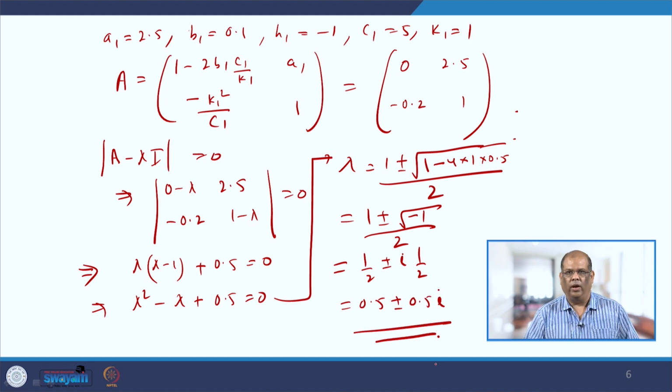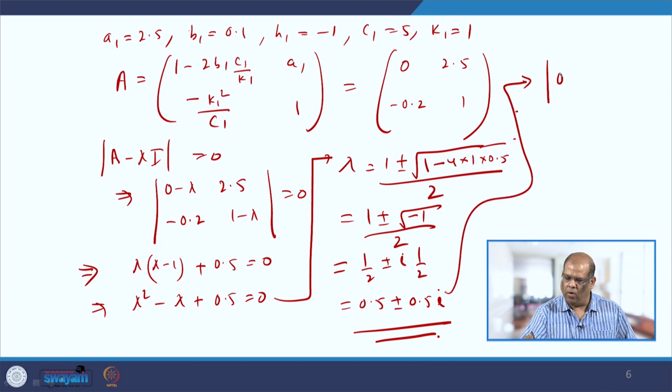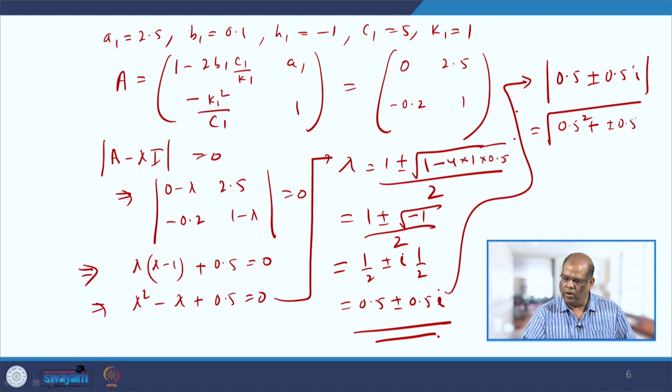So it's imaginary eigenvalues, and if you want to take the modulus of that, you get mod of 0.5 plus minus 0.5i, which is square root of 0.5 square plus 0.5 square. And if you simplify this, you will get 0.7071, which is less than 1.